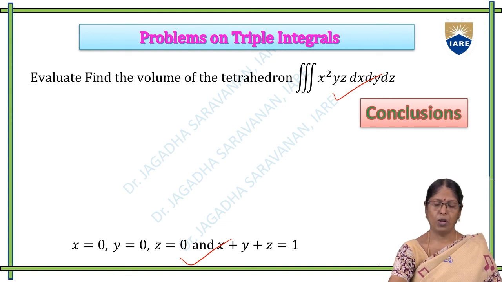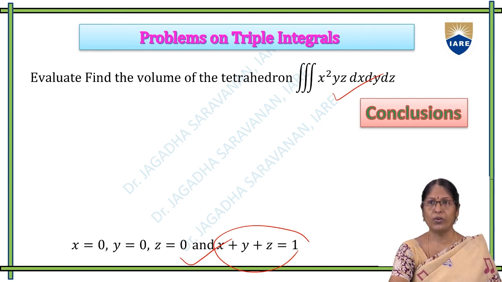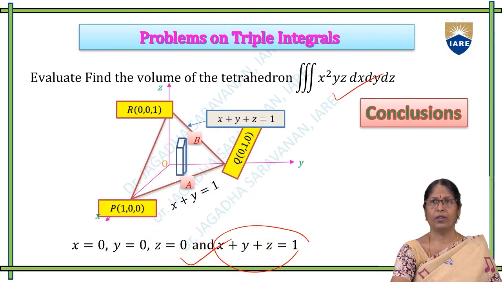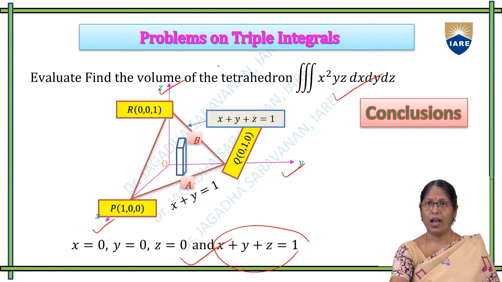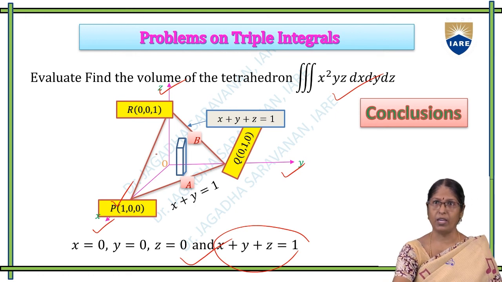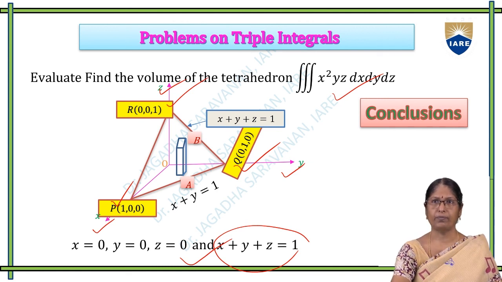Putting together the 3 dimensions, the equation is x plus y plus z equal to 1. From this, we obtained the geometrical figure with the x-axis, y-axis, z-axis, and on the x-axis there is a point P, on the y-axis a point Q, and on the z-axis a point R.